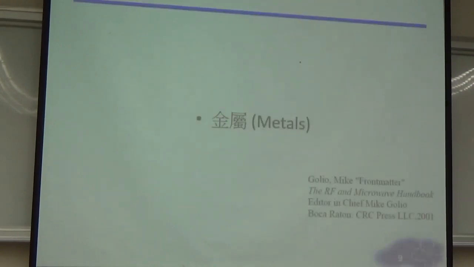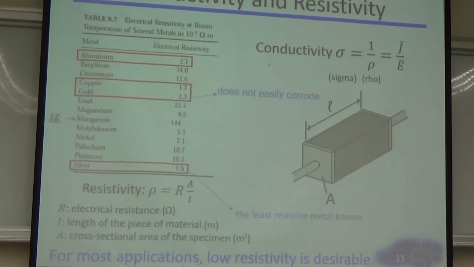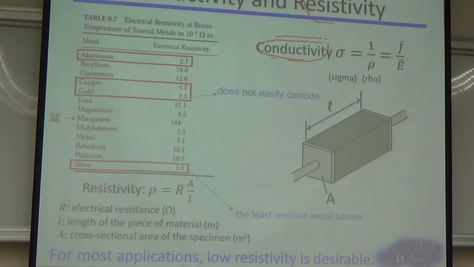The parameter to describe whether it is a conductor or not, the conductivity, equals 1 over rho, which is the resistivity. They are the opposite ways to describe the same thing.